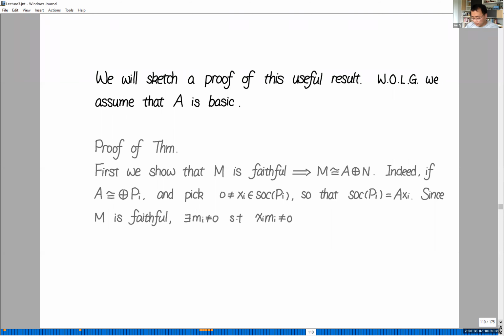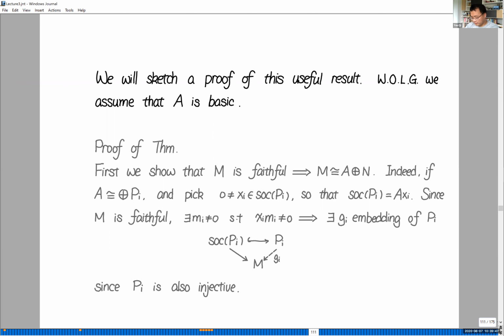Since M is faithful, you can find that this x_i acts non-zero on some element, and therefore this socle actually embeds into M. By injectivity, since the socle embeds in M, then P_i embeds inside M. You can do this for arbitrary P_i, so the entire module A embeds inside M. And again, because A is injective, it's actually a summand, as we talked about last time.